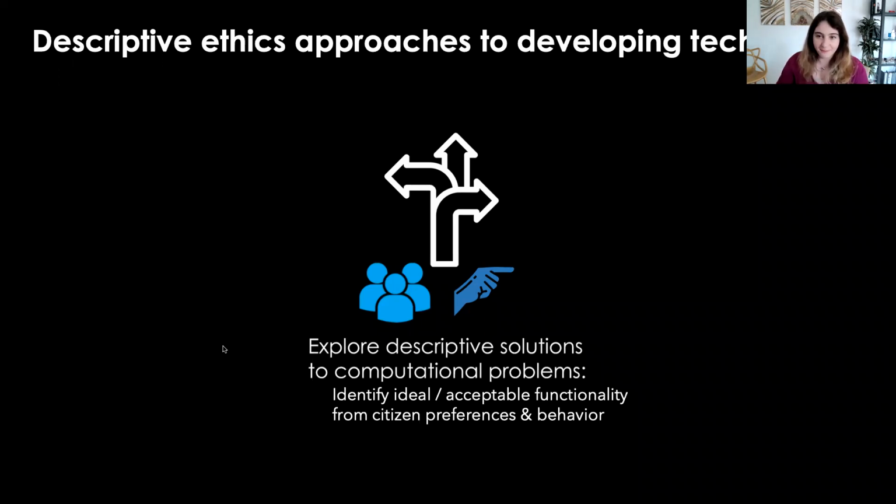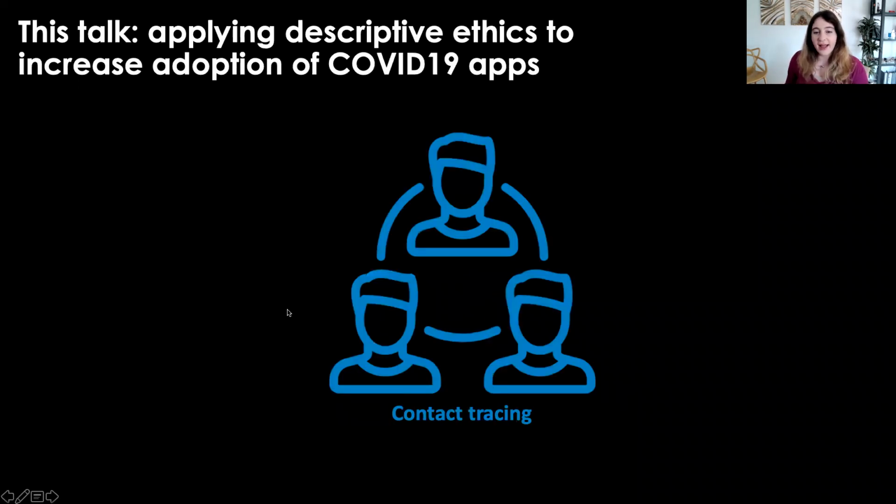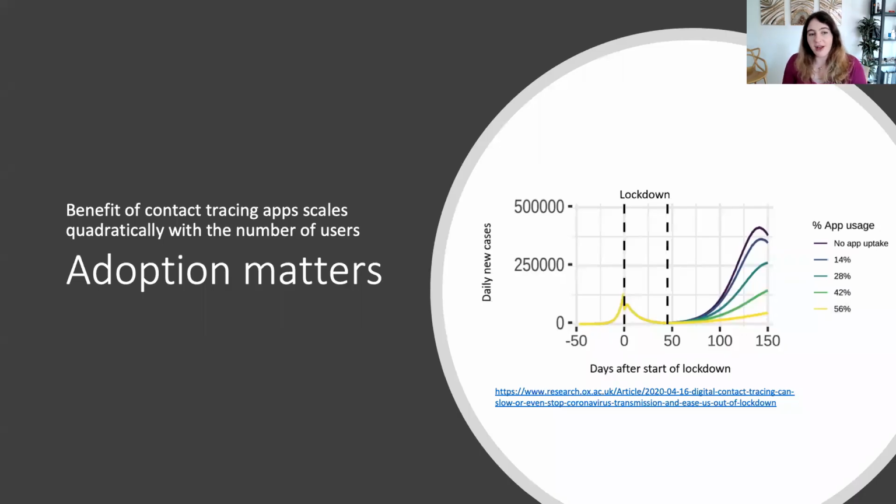So as all of us are probably aware at this point, right, there was an influx of development on contact tracing applications toward the beginning of the COVID-19 pandemic. And one of the interesting things about these contact tracing applications is that the benefit of their use scales quadratically with the number of users.